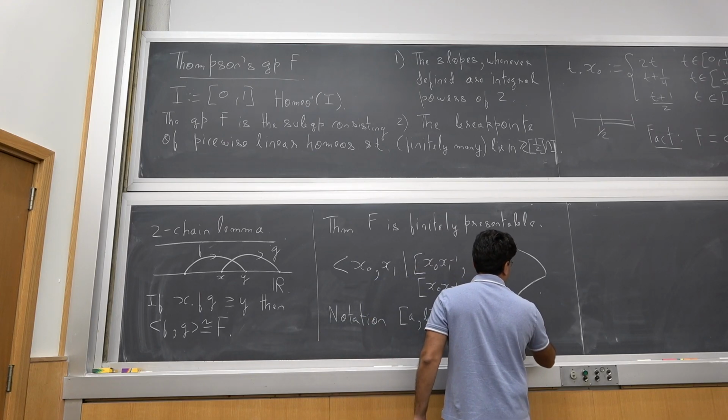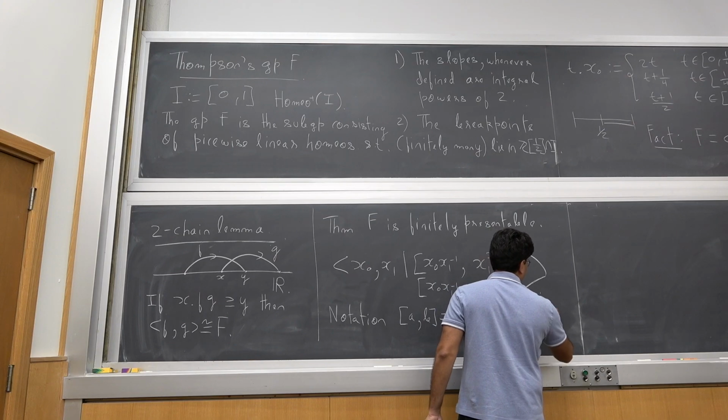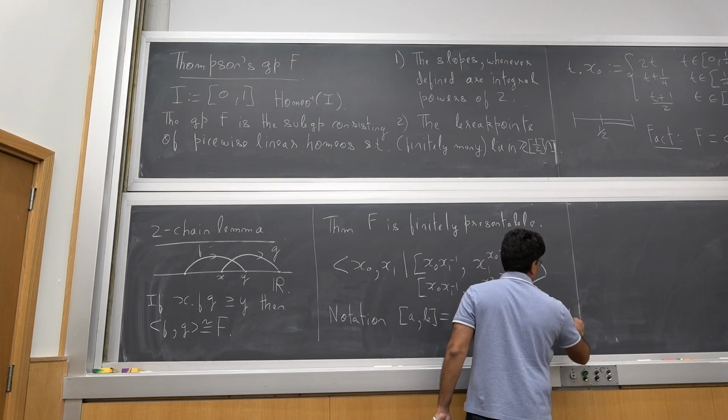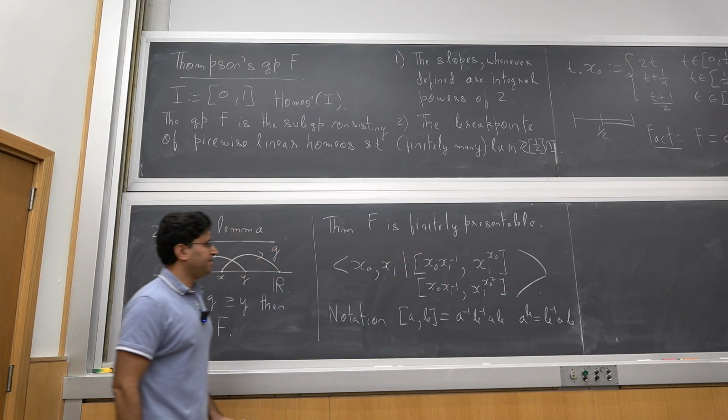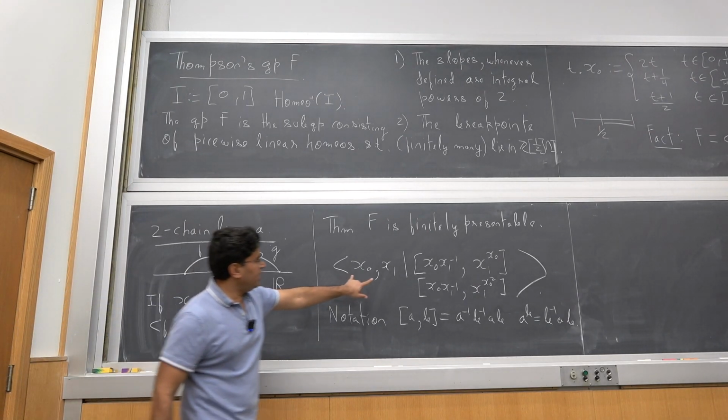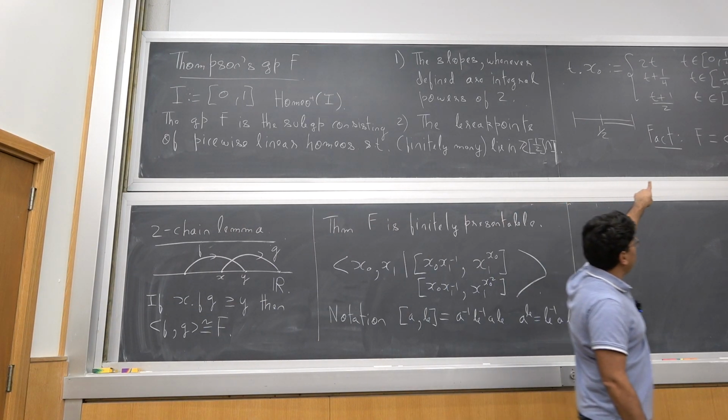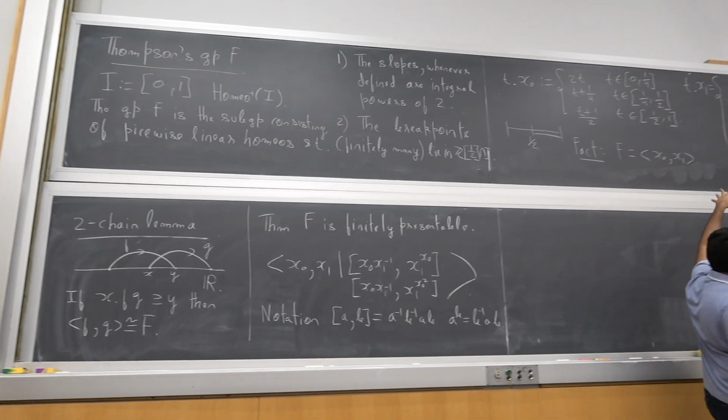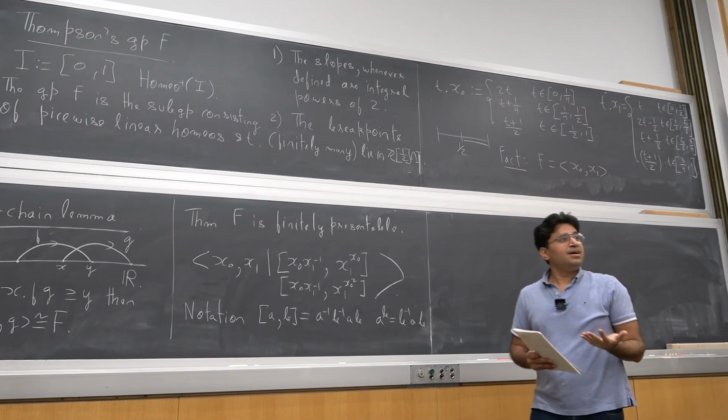And A raised to the B is B inverse AB. It's the conjugate. Right? So these two relations are satisfied by these two. You can actually check them by hand.